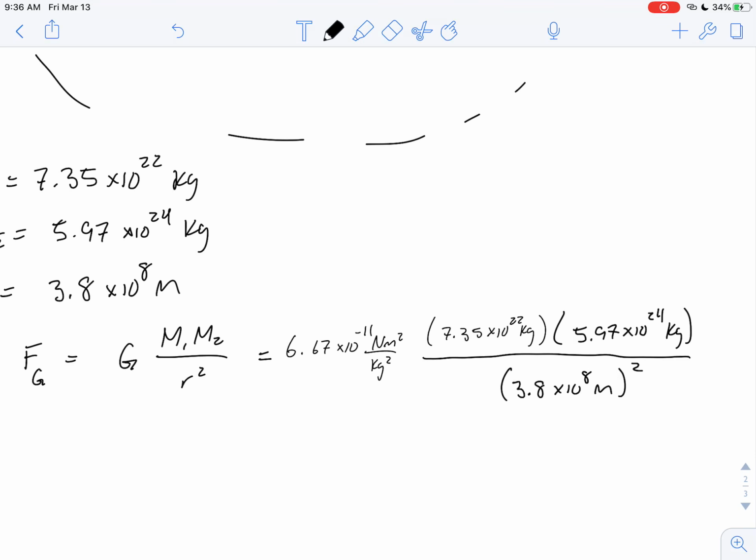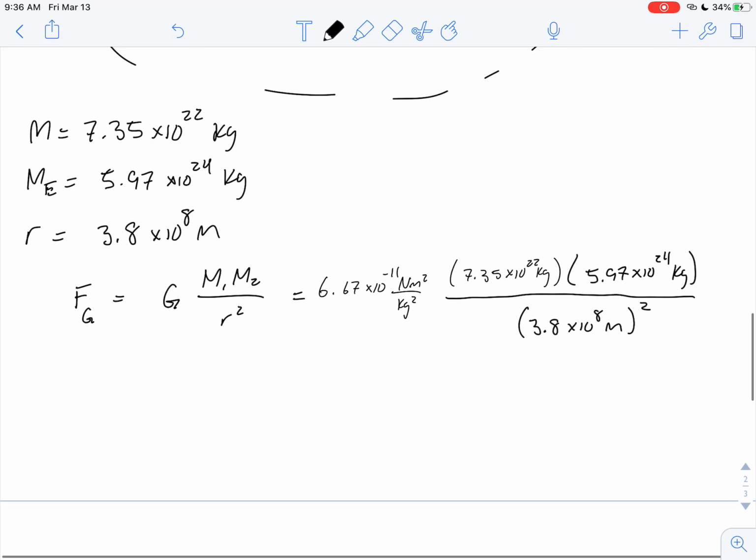So go ahead and type this in our calculator. Let's see what we get. So I'm getting the force due to gravity is 2.03, we'll just go with 2, times 10 to the 20 Newton.